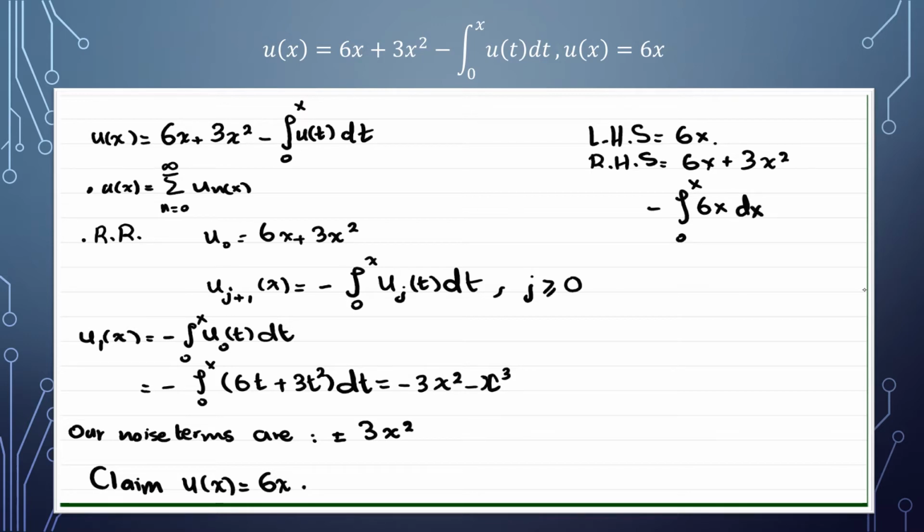Okay, and we can see here that if we integrate this, it will give us 3x squared. So this part will cancel with that part, leaving 6x alone. So the right hand side is equal to the left hand side. So our claim is right.